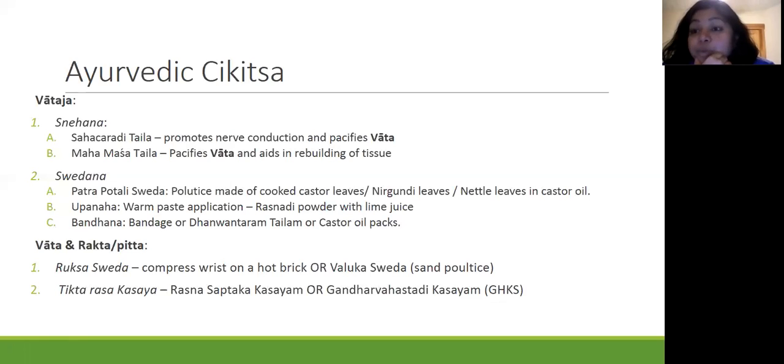It's more Brahmana, or nourishing, in nature, and it's very good for rebuilding tissues. So when you find a depleted case, Mahamasha Taila is a better option.